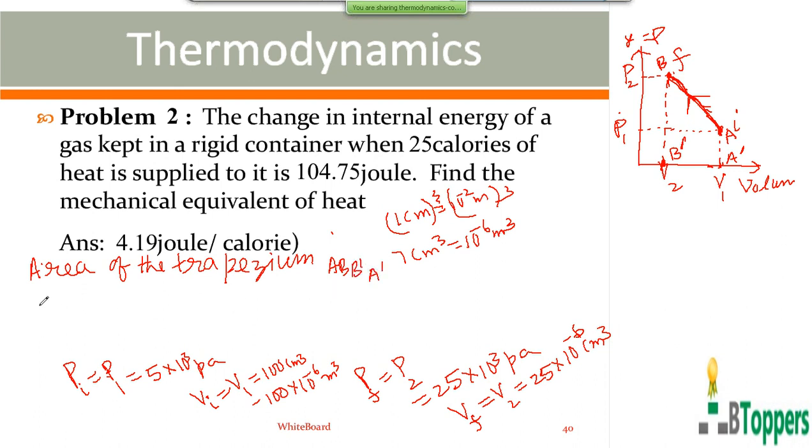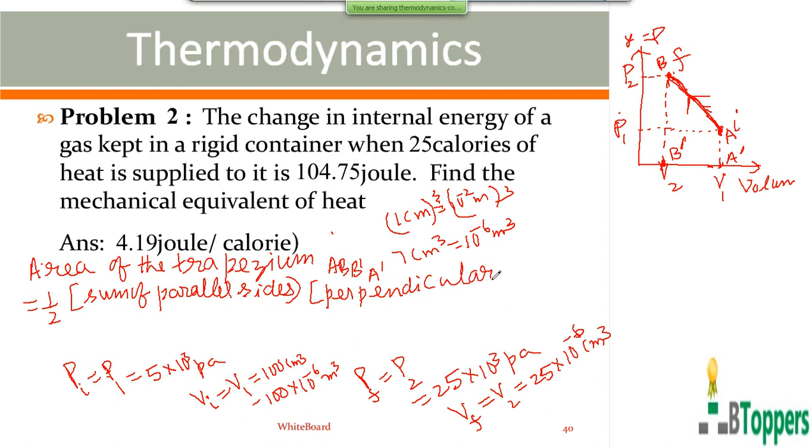The formula for area of trapezium, which I discussed earlier in kinematics, is half into the sum of the parallel sides multiplied by the perpendicular distance between the parallel sides.